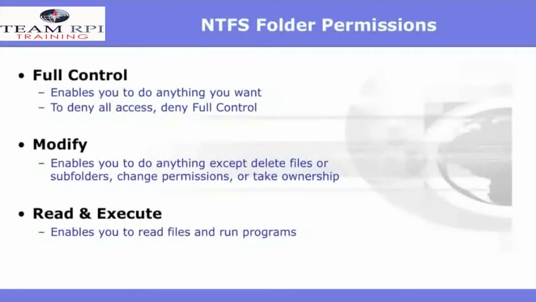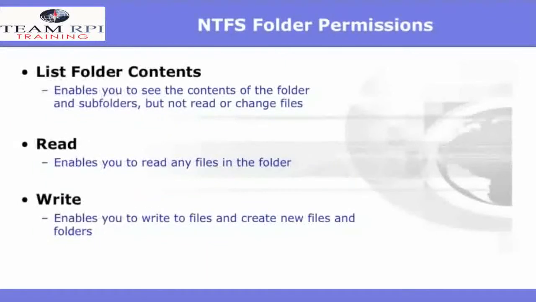If you have read and execute, it enables you to read the files and run programs. With the list folder contents permission, it enables you to see the contents of a folder and subfolders, but not read or change those files.